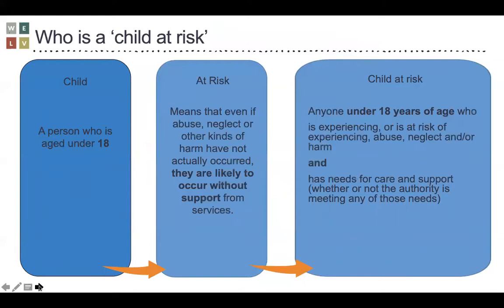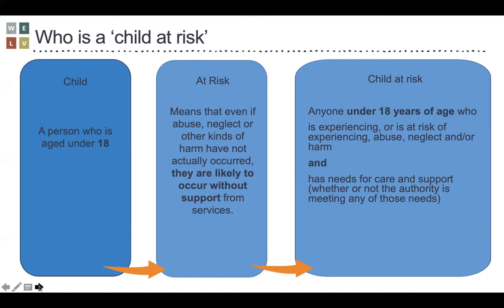The definition of a child at risk that is now detailed in the procedures, which was initially defined in Part 7 of the Social Services and Wellbeing Act 2014, is any person aged under 18 who may be at risk.